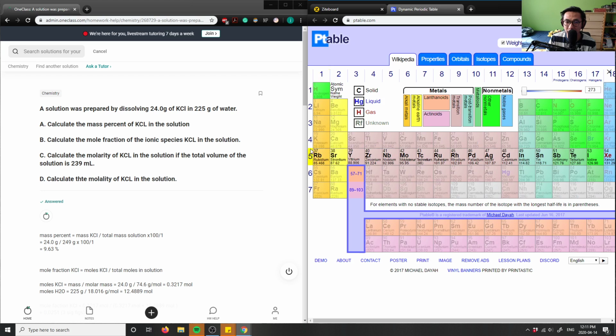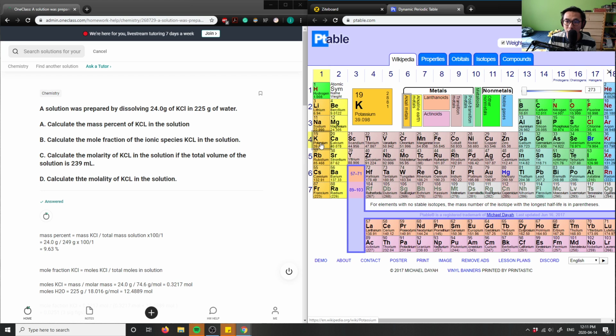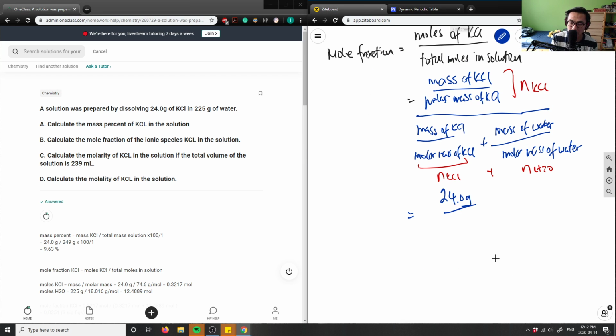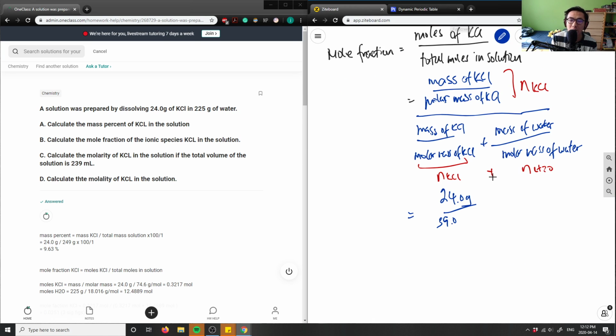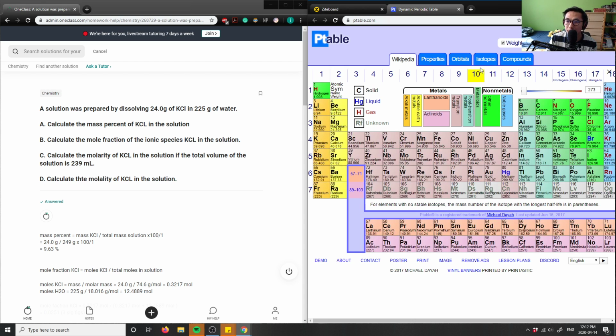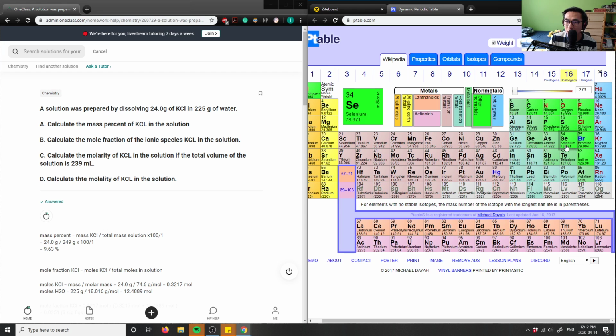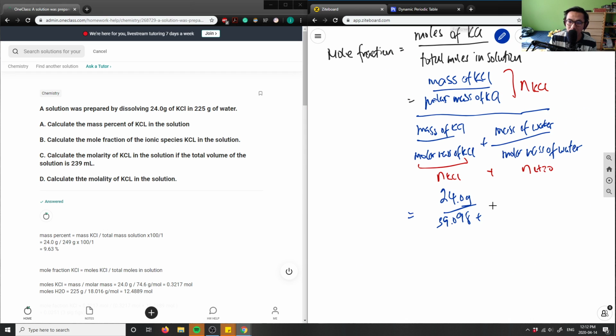Our potassium is 39.098, plus our chlorine, which is 35.45 grams per mole.